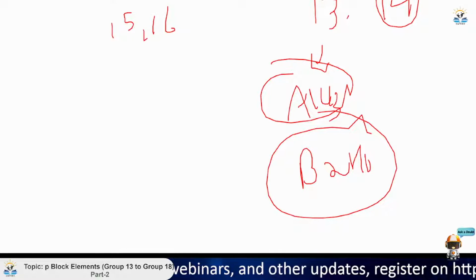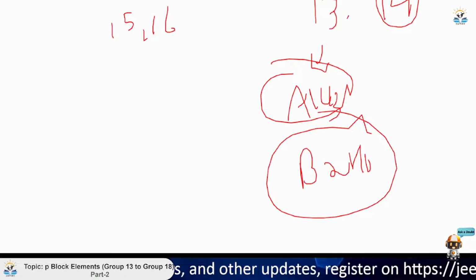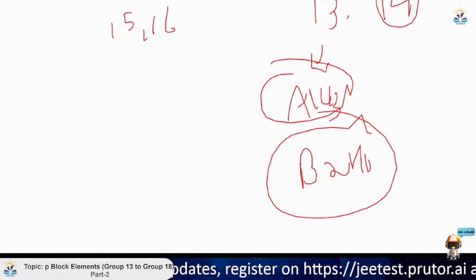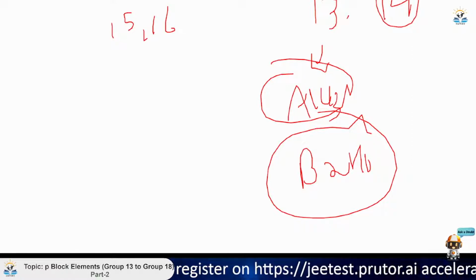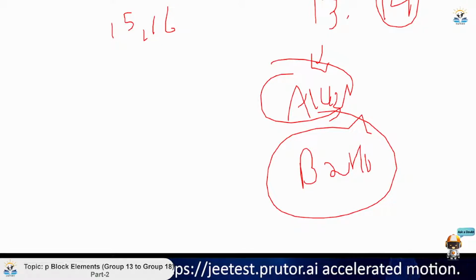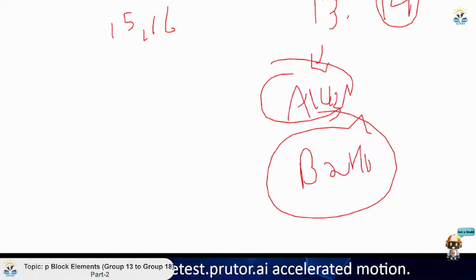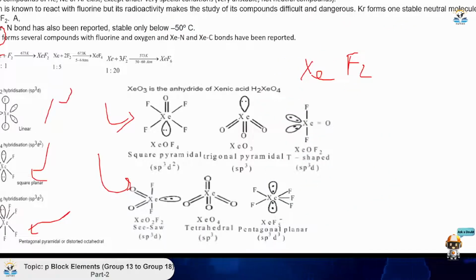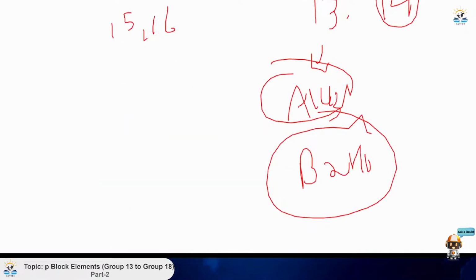Groups 15 and 16 are pretty important, and most of the questions from the P block come from there. At times, questions about what compounds can form are asked on halogens, and at times on interhalogen compounds. For xenon, it's most of the time this particular thing that we just studied. Other than that, it doesn't ask much.